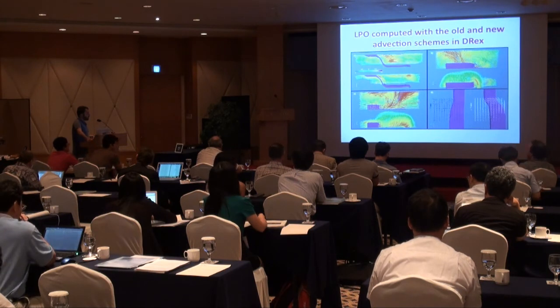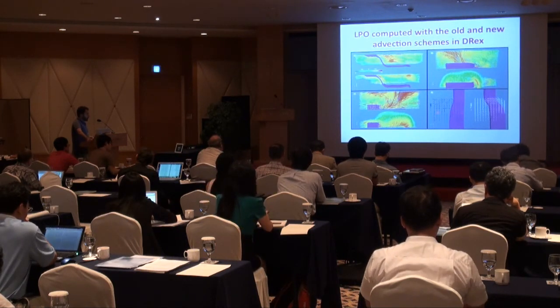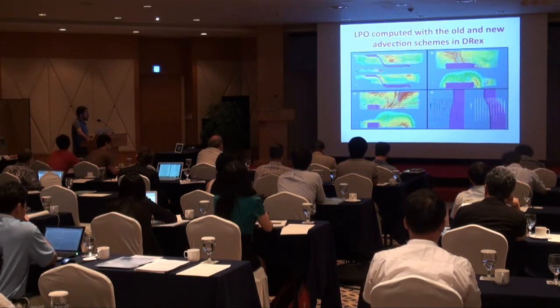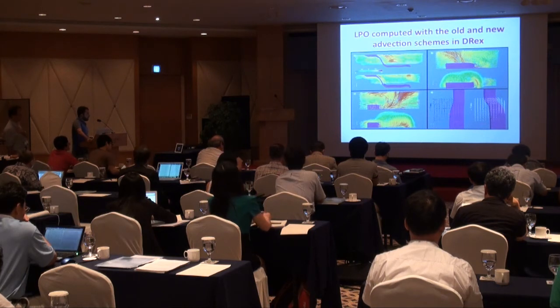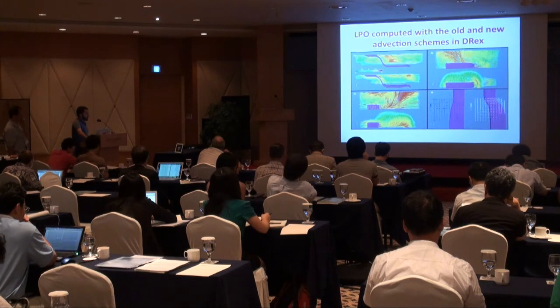And when you compute the SKS splitting, the anisotropy computed with the old model has no clear pattern, while here, the one we saw before, you can see a clear pattern that is ascribable to the toroidal flow.